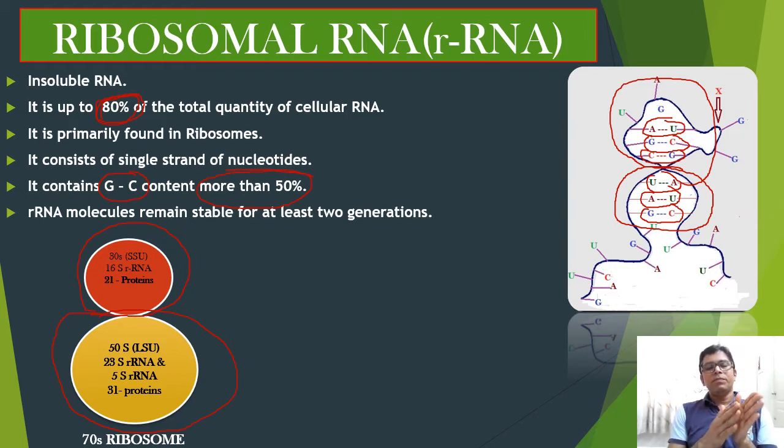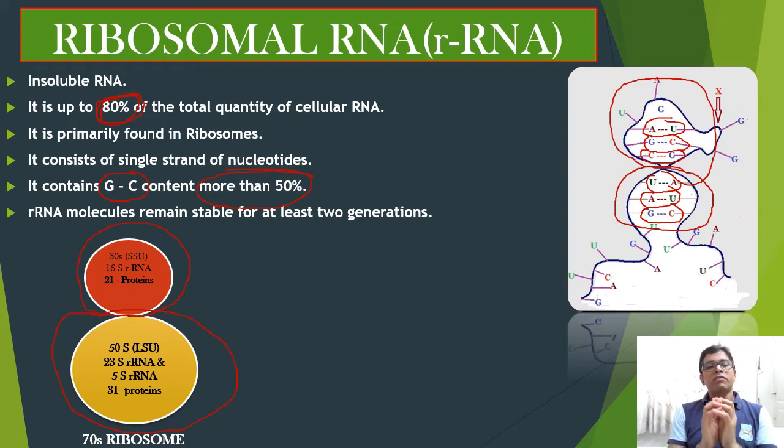And the 70S type of ribosome consists of 60% rRNAs, ribosomal RNAs, and 40% proteins.